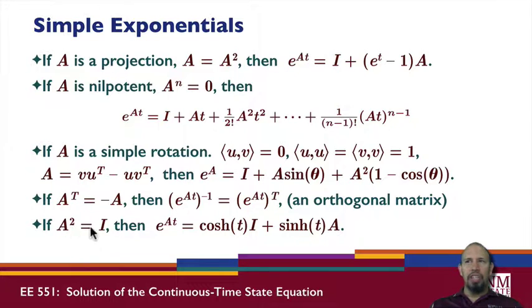If A squared is equal to the identity matrix, this is another case. You can go through and show that e to the At is equal to the hyperbolic cosine of t times the identity plus the hyperbolic sine of t times A. So again, this formula is simple, like this formula. Notice here I haven't even said what A squared looks like that does this. That's an interesting thing to think about too.